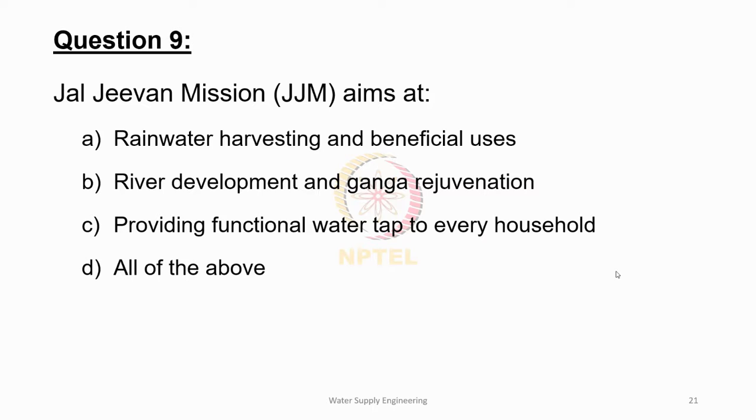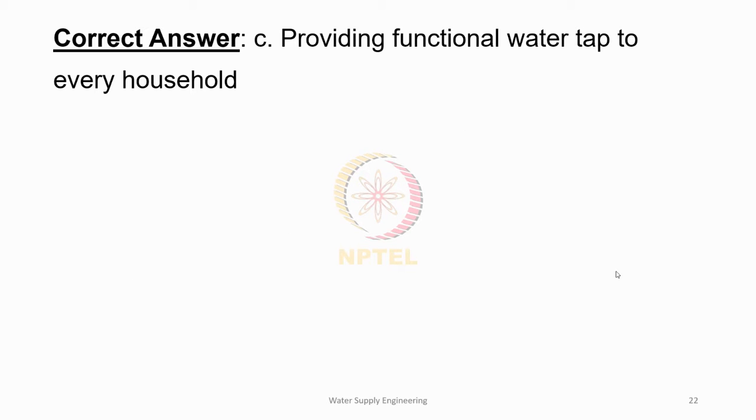Okay, I'm getting answers. Mixed up answers are there. Some are confused about C and D. The correct option is option C, providing functional water tap to every household.